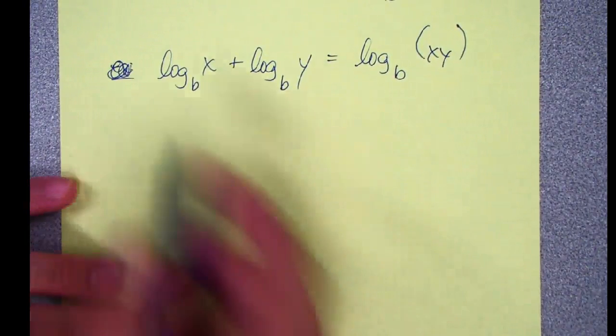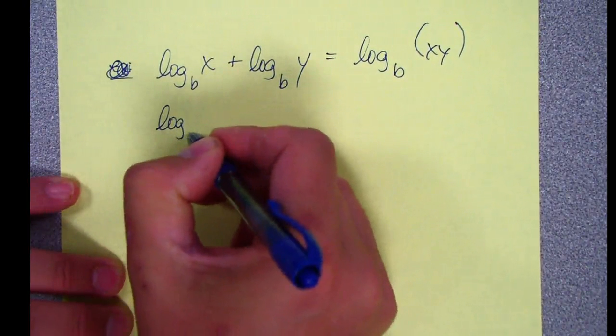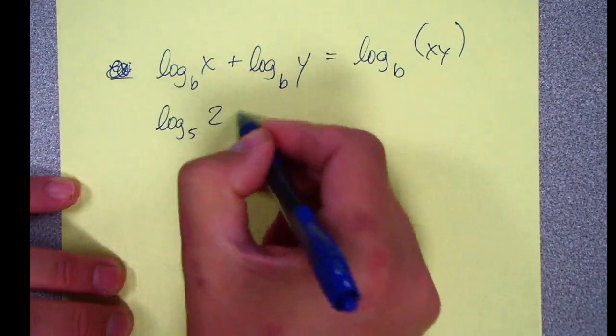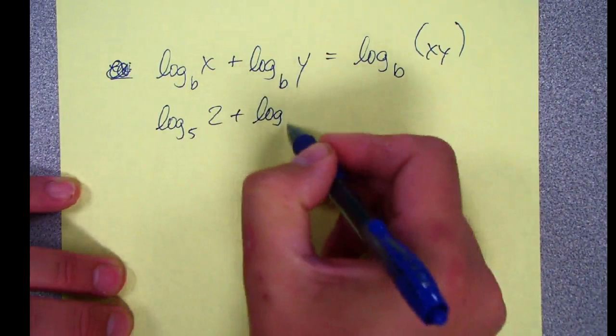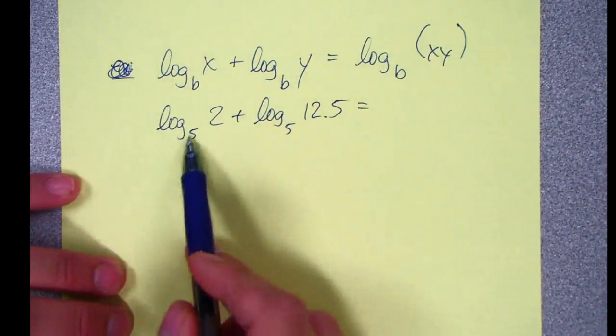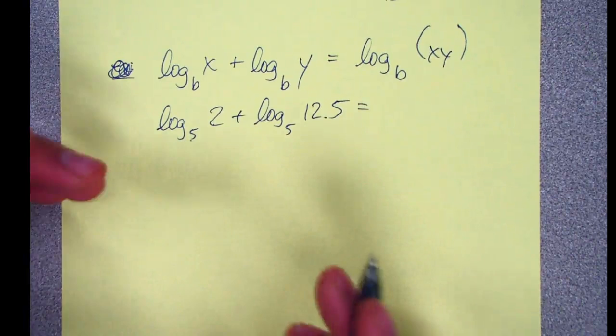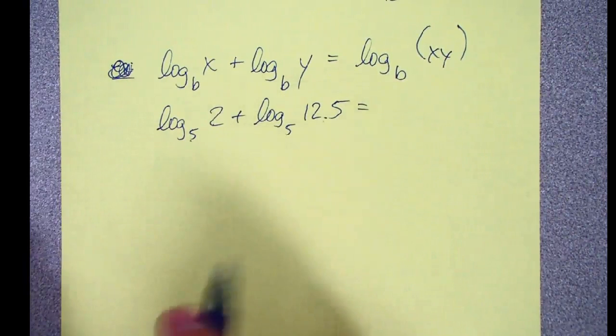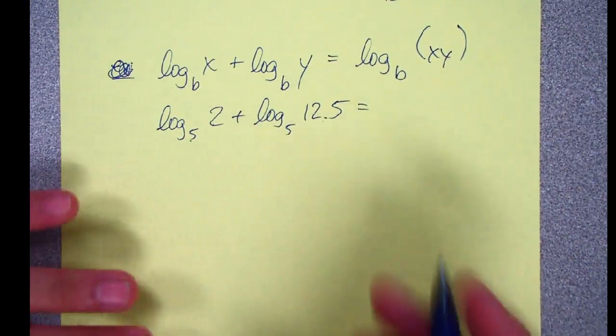Where that might be useful is if I had something like log base 5 of 2 plus log base 5 of 12.5. Well, 5 to what power is 2? I don't know, that's going to be some goofy fraction. 5 to what power is 12.5? Again, some weird fraction or decimal.